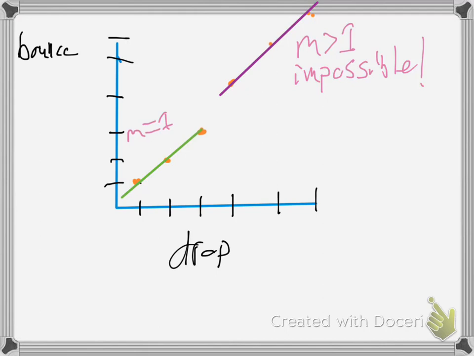Well, this is the part 2. It just says state 1 physics principle that appears violated, or several physics principles that might appear to be violated. But you only need to identify one. Okay.